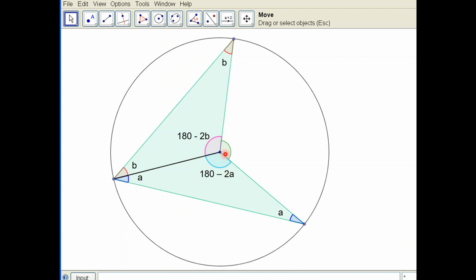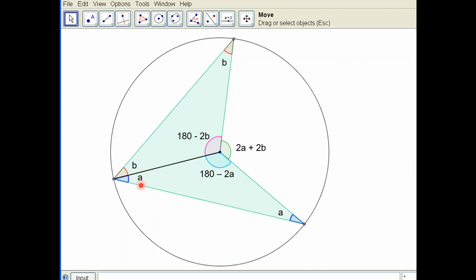Positive 2A plus 2B. Remember that we said that if this is a chord and it subtends at the center and also subtends at the circumference of the circle, then the angle formed here should be 2 times the angle formed here, right?